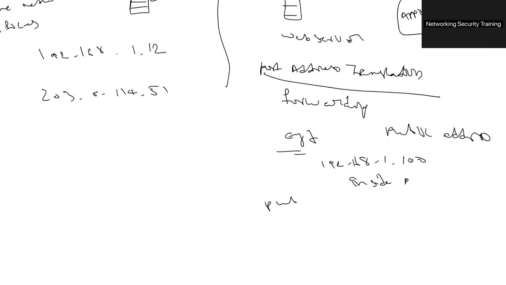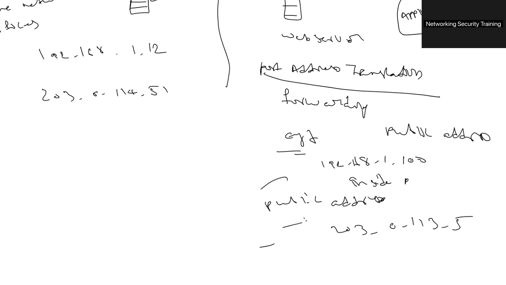The public IP address is like 203.0.113.5. External users want to access the web server by entering the public IP address in their browser.